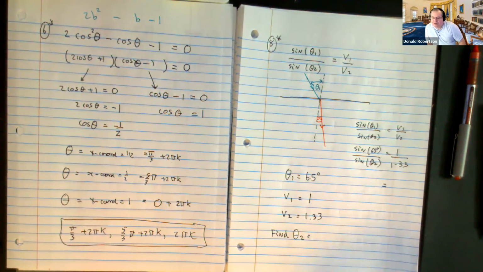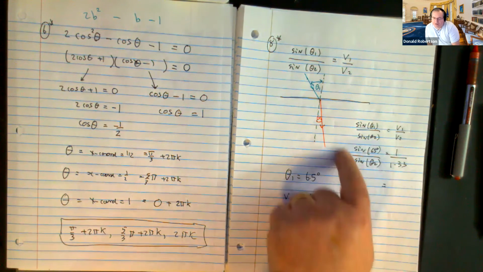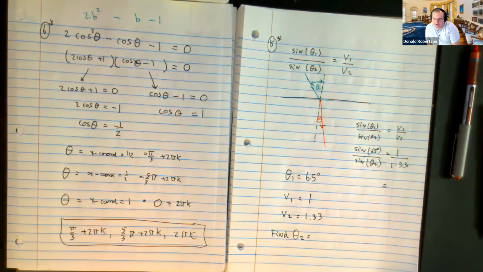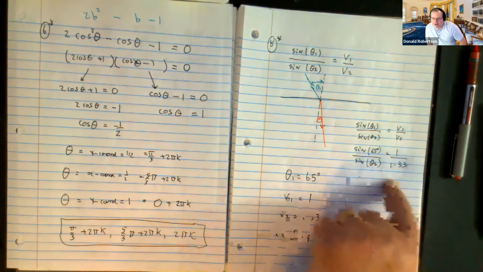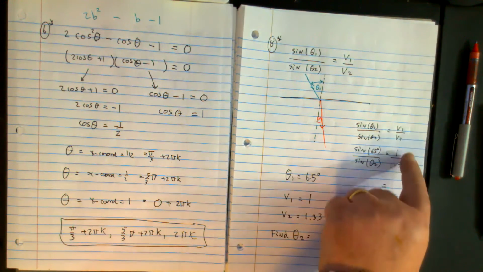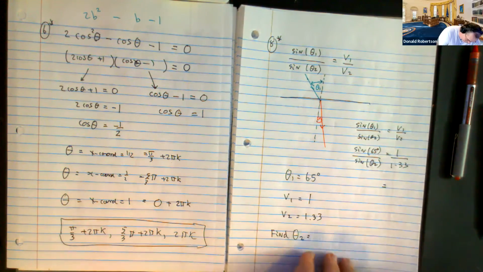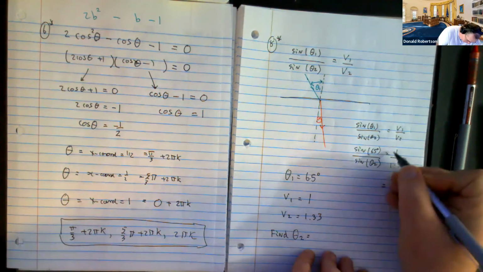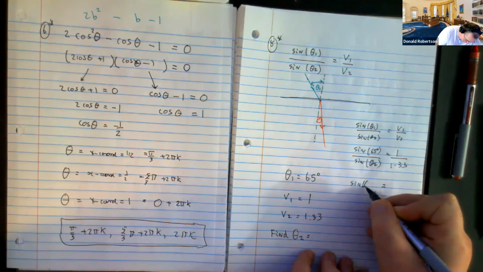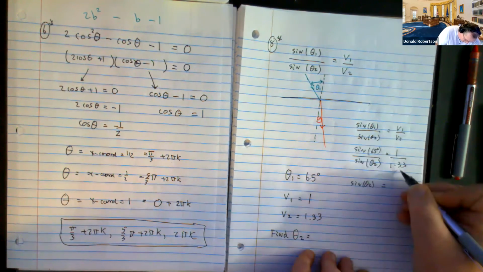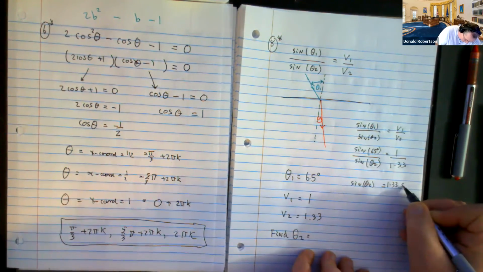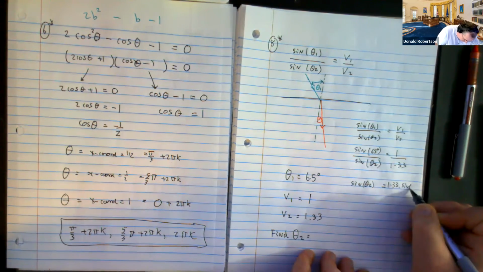What kind of algebra technique do you use to solve an equation that looks like that? I'm kind of giving a hint with the way I'm moving my fingers. You'd cross multiply. So 1 times this gets you sine theta 2, and going this way you get 1.33 times the sine of 65 degrees.